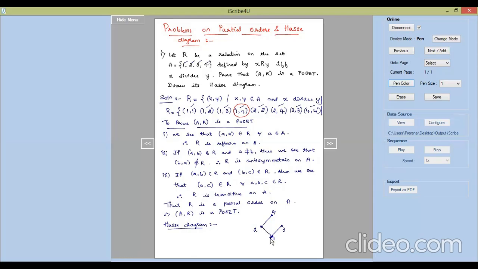So 2, 1 does not exist. 3, 1 does not exist. 4, 2 does not exist in the relation R. So drawing edges will be avoided just on the condition that we draw the diagram from bottom to up. Okay. So this is our Hasse diagram for the given relation R, with the condition that X is related to Y if and only if X divides Y.